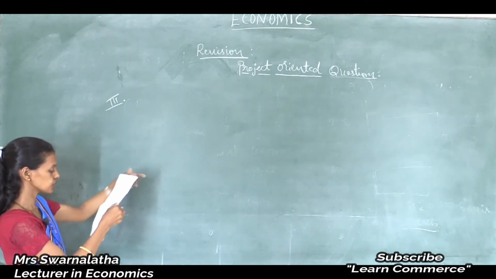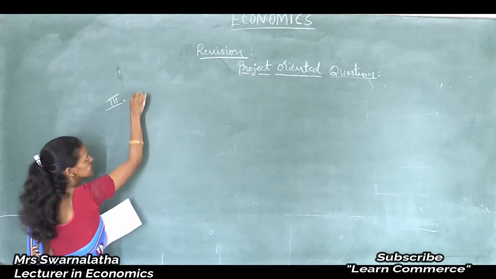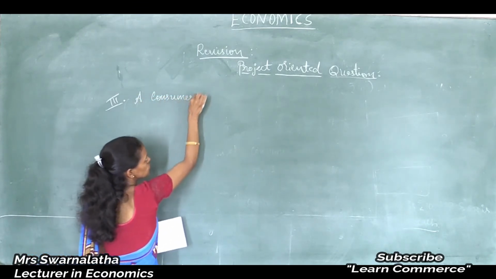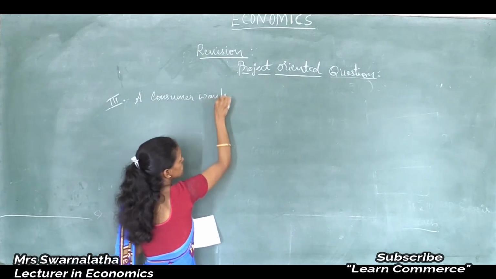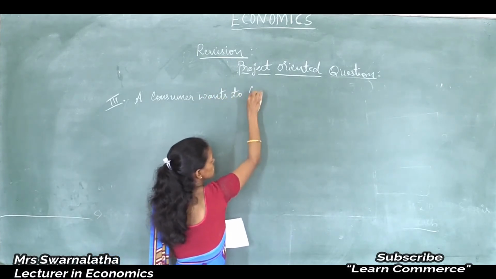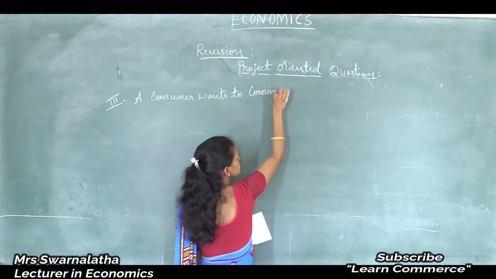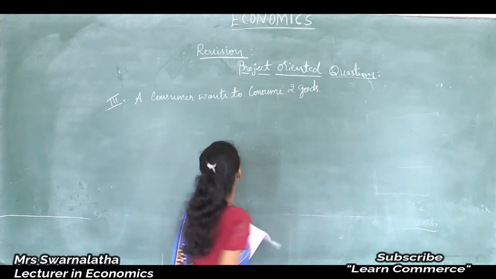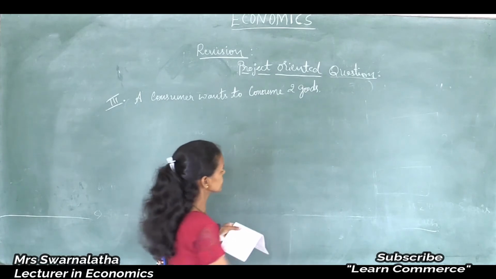A consumer wants to consume two goods, that is mango and banana.